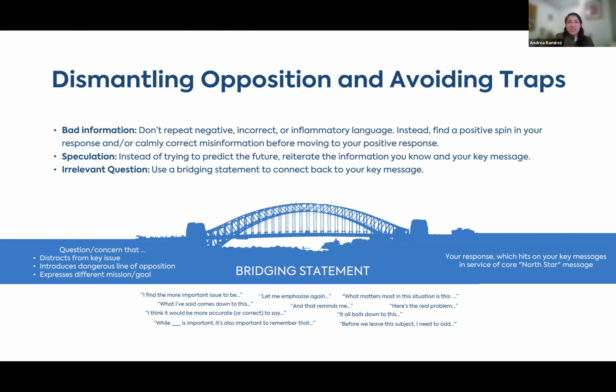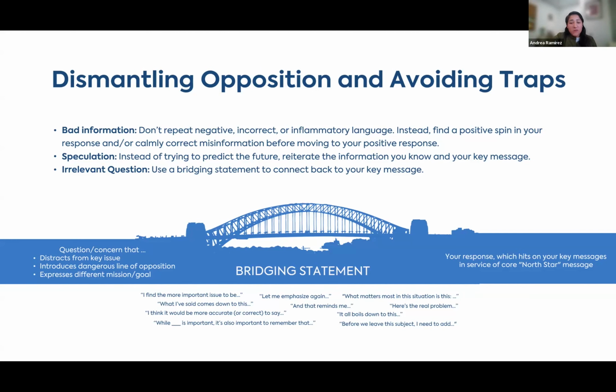When using a bridging statement, it's important to never reiterate the opposing argument. Instead, acknowledge that their point was shared before using a bridging statement to connect back to your messaging. Some bridging phrases can be: let me emphasize again, that reminds me, here's the real problem, I think it would be more accurate to say.